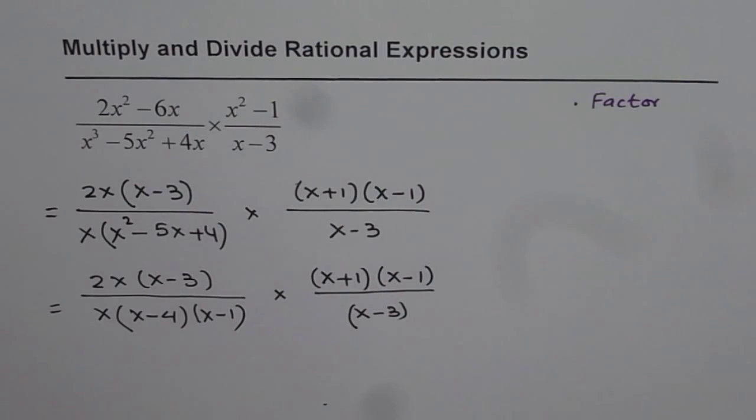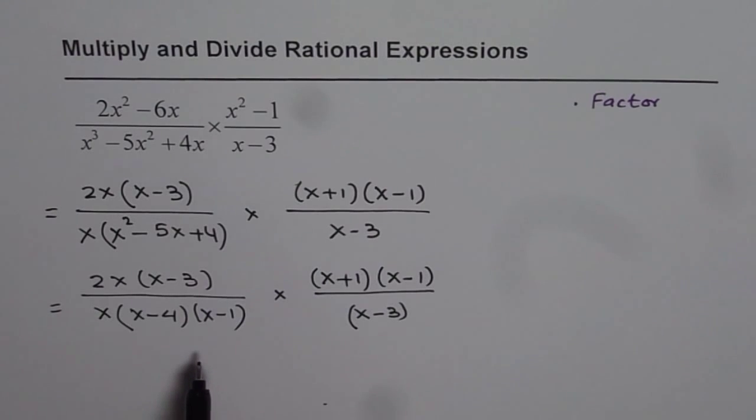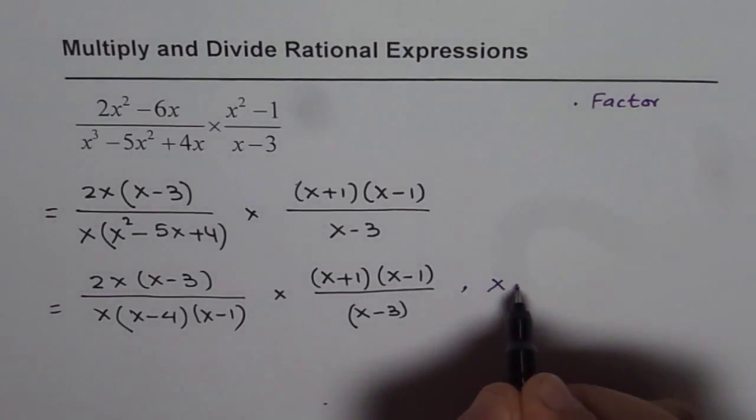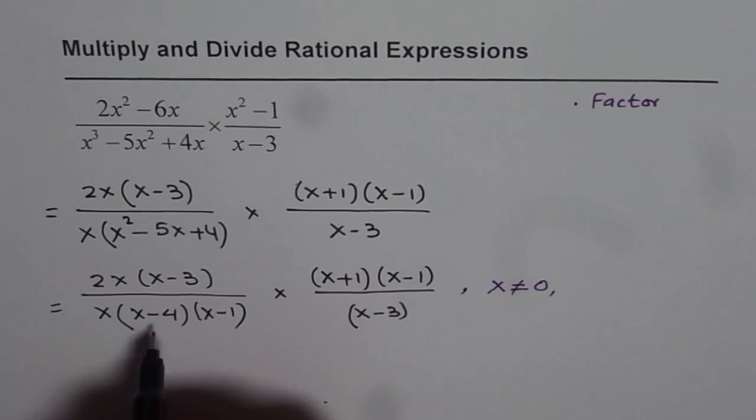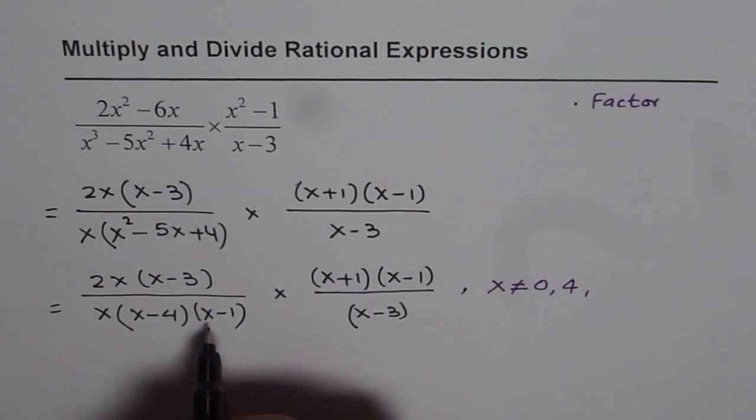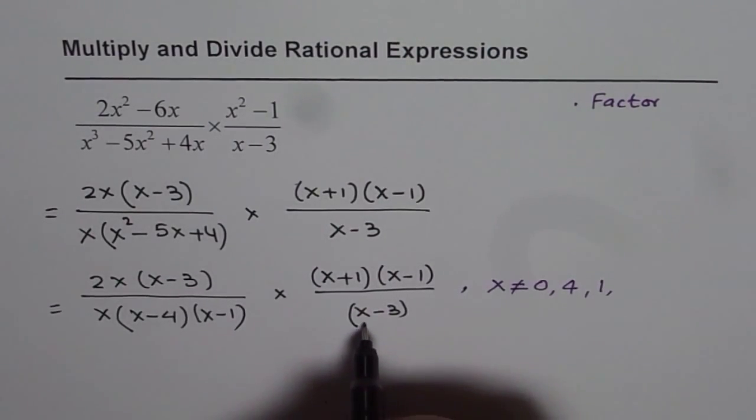But before that, it is a good practice to write down the restrictions. As you know, denominator cannot be 0, so that leads to a couple of restrictions. So one, x is not equal to 0, so we can write here x is not equal to 0. That will make x 0, then it should not be equal to 4, right? Plus 1 and plus 3.